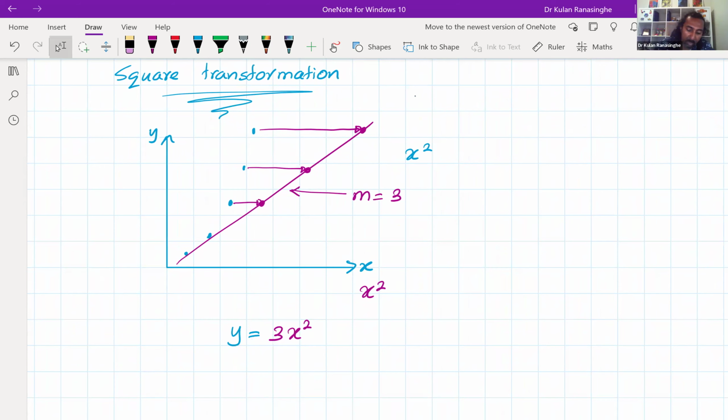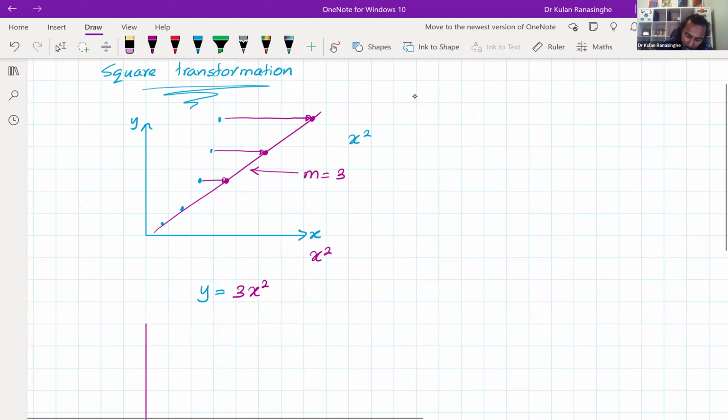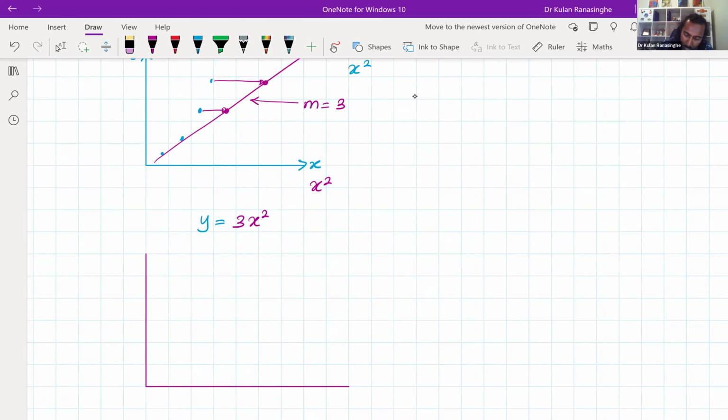And that's when you have y getting larger against x. However, in a similar manner, if you had a situation where y is getting smaller, like this, then we would go with a square transformation for y, as y squared.